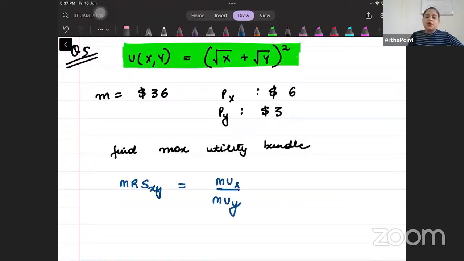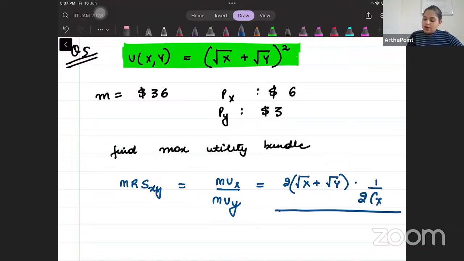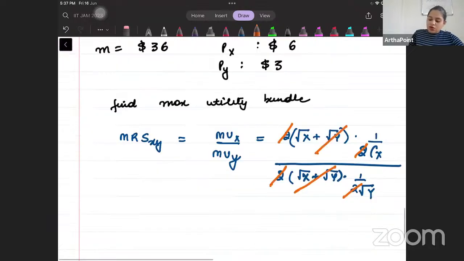Differentiate this with respect to X: you will get 2 times root X plus root Y into 1 by 2 root X. Differentiate this with respect to Y: you will get 2 times root X plus root Y into 1 by 2 root Y. And this cancels out, and you are left with root Y by root X.